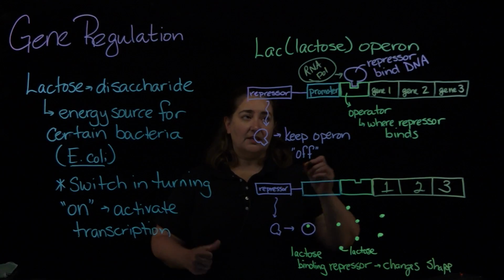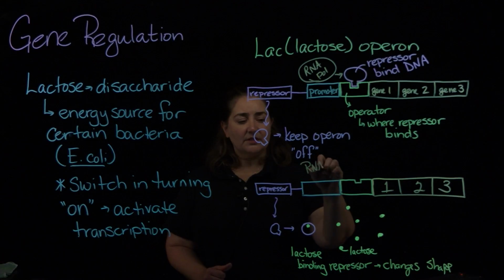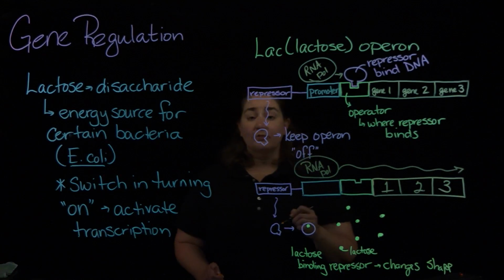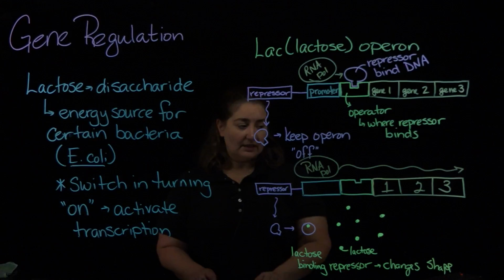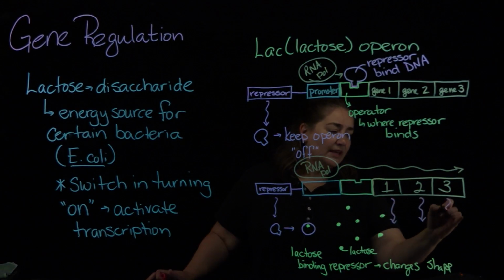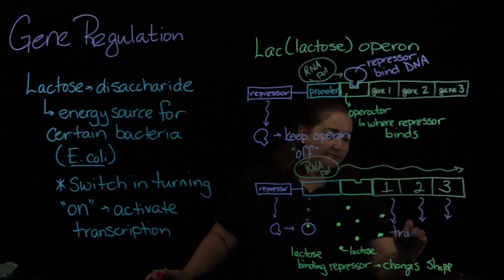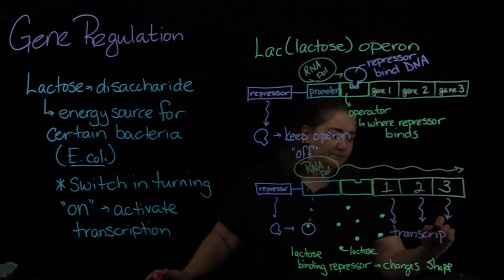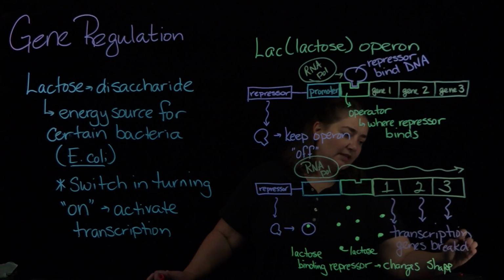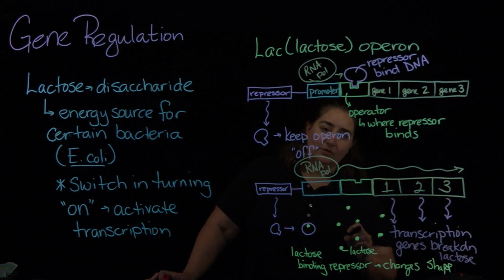So what happens then, our RNA polymerase comes in. And now our RNA polymerase has the green light to start reading that DNA sequence. And what happens is we get transcription of the genes that will break down our lactose, okay?